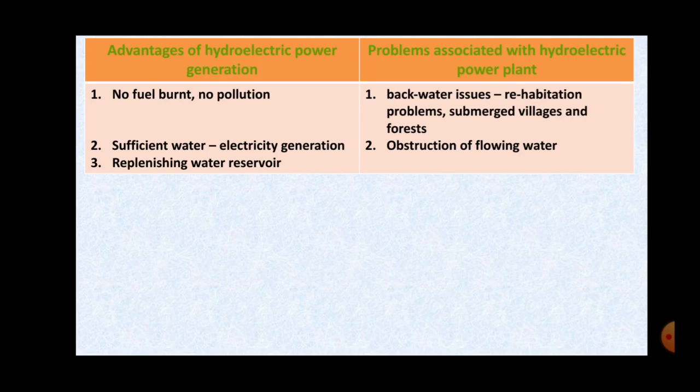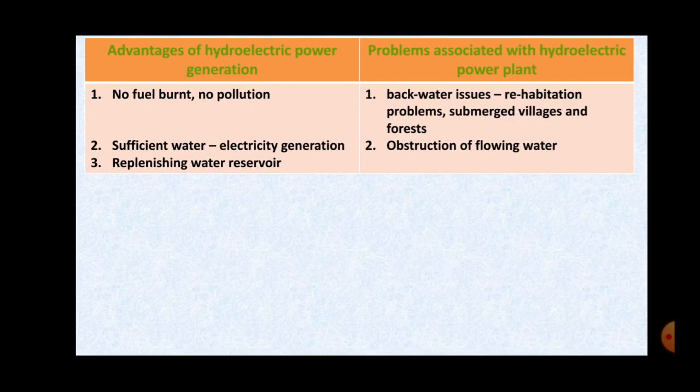And the third advantage is that although the water reservoir is used for power generation, it can be replenished during the rainy season. The water which we collect in the dam is a replenishable water source, so we can have electricity generation without any break.